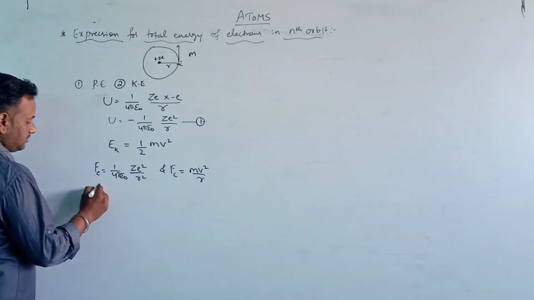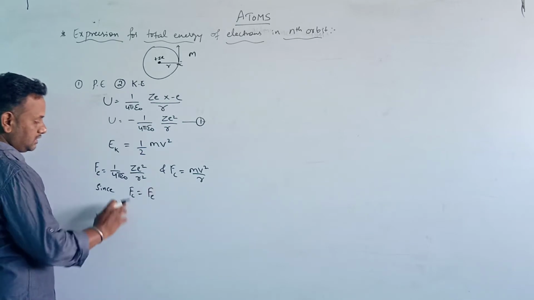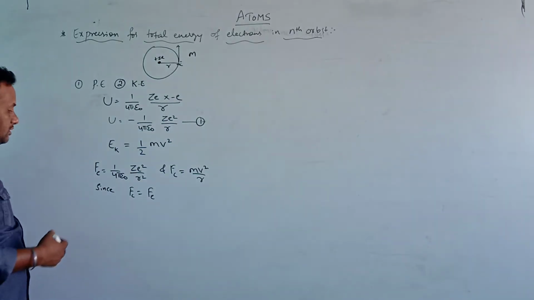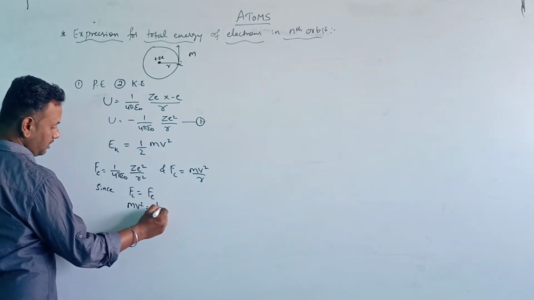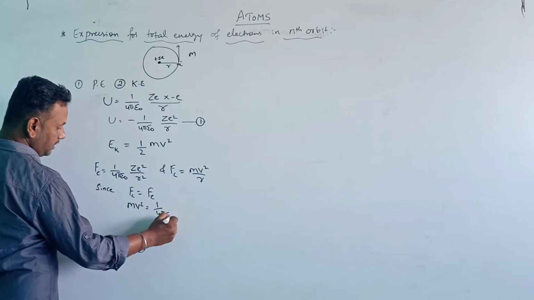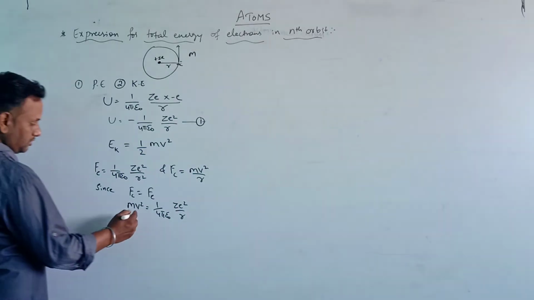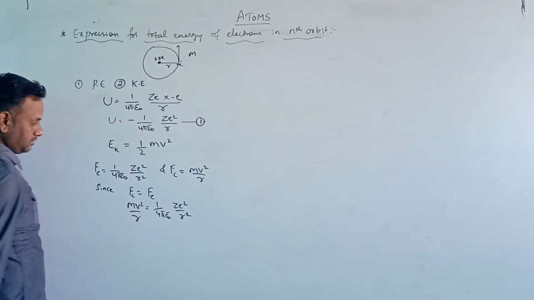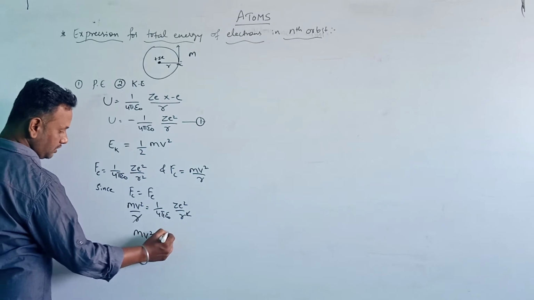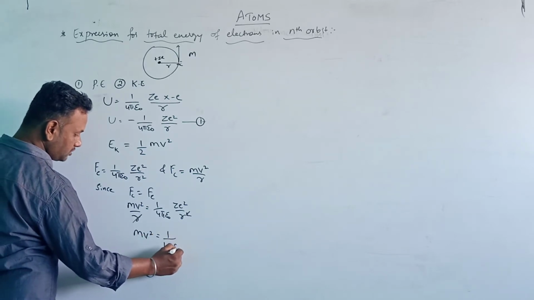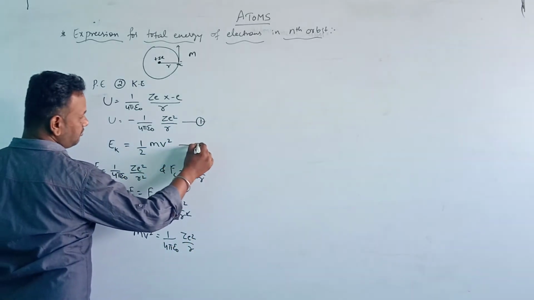Since Fc is equal to Fe, mv square divided by r is equal to 1 by 4 pi epsilon naught Ze square divided by r square. Now this r will get cancelled, then we get mv square equal to 1 by 4 pi epsilon naught Ze square divided by r. Take this as equation number 2.